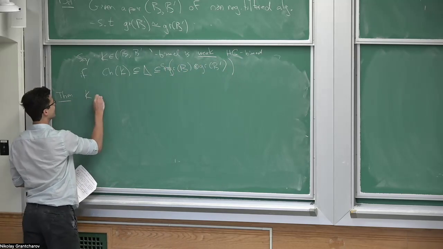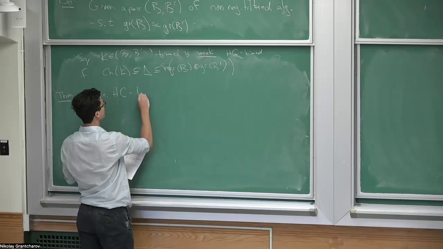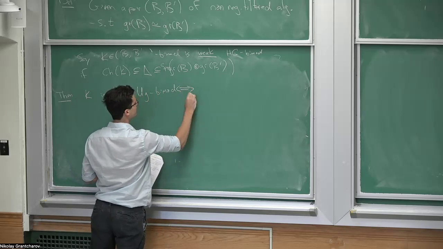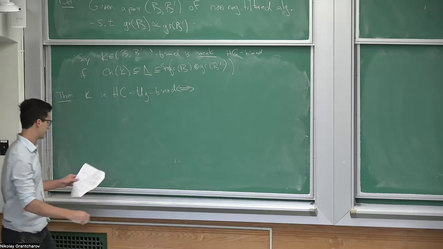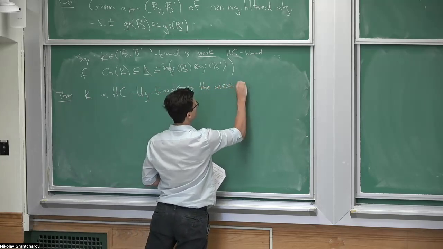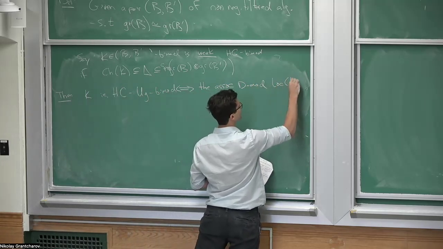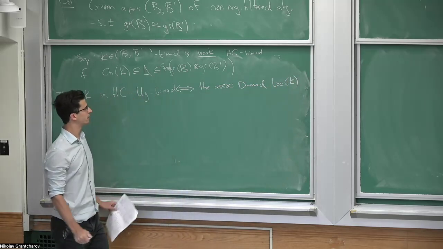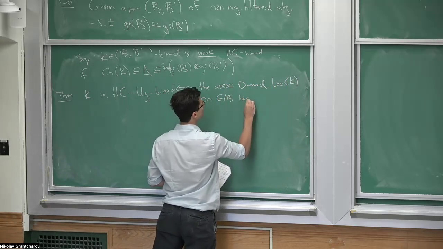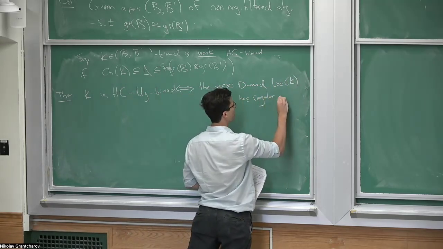Okay. So A is Harish-Chandra UG bimodule if and only if the associated D-module, given by Beilinson-Bernstein localization on the flag variety, has, so I'm going to say this without defining it, regular singularities.